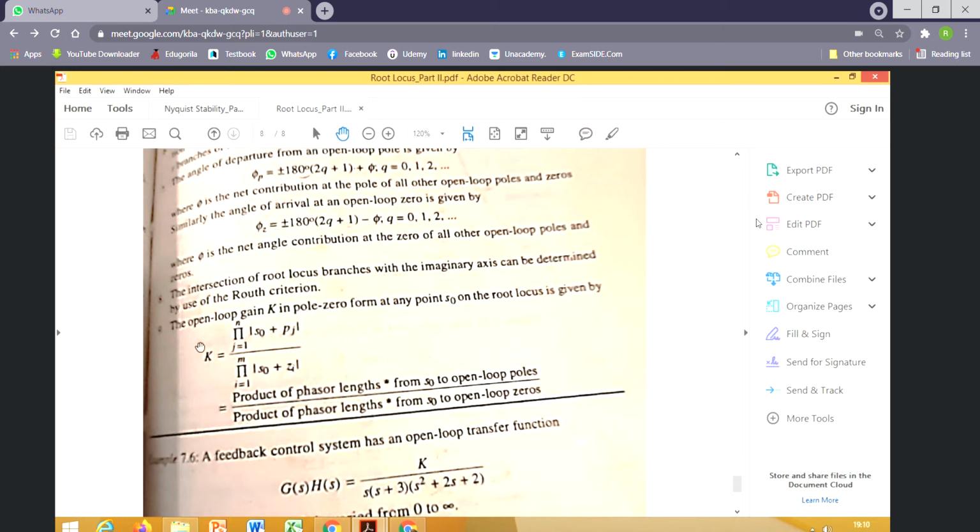Or we know that the value of gain k at a point s0 on the root locus will be the product of phasor lengths from s0 to the open loop poles divided by the product of phasor lengths from s0 to the open loop zeros. Clear?